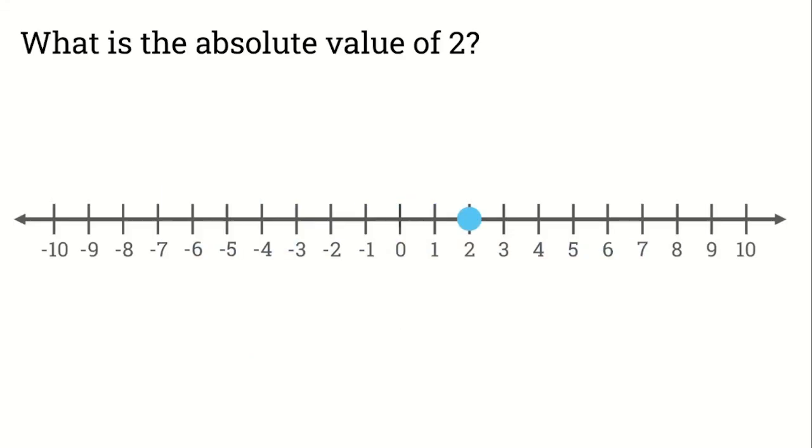Let's try to consider some examples. What is the absolute value of 2? So 2 is here. The statement absolute value means we're looking for the distance of 2 from 0. So from 0, that's 1, 2. Therefore, the absolute value of 2 is 2.